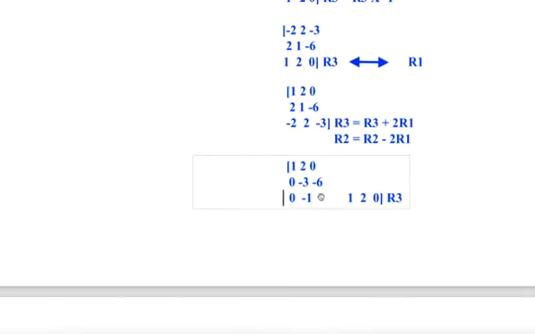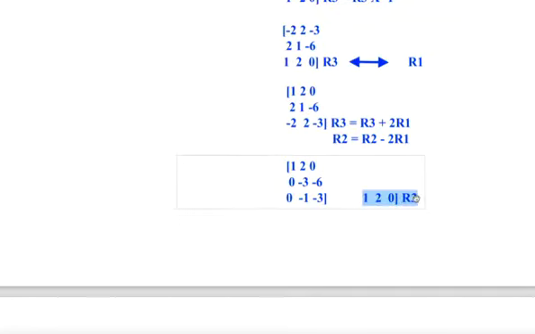Thereafter the third element will be minus 3. So bracket closed. Fair enough.